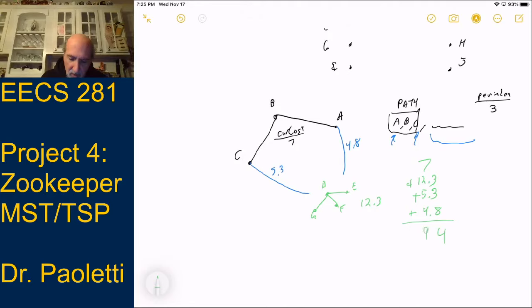Looks like a 29.4. Hopefully I did that math well and didn't embarrass myself. So let's say that my best cost so far was, let's say, 32.1. Promising would say, yeah, this looks like it could be better. It might be an underestimate. It might not be better, but I've got to keep going. This looks promising because this is less than my best so far.